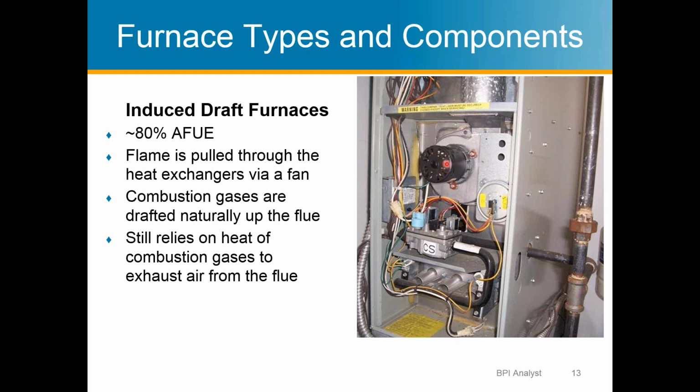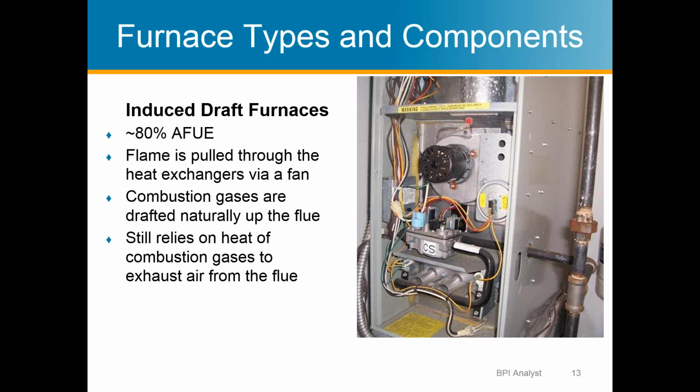This induces draft. It doesn't create a draft. That's why it's called an induced draft furnace. And what that means is that it just helps get the draft going. The fan isn't used to push gases out.